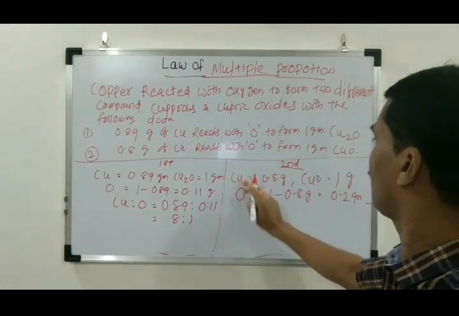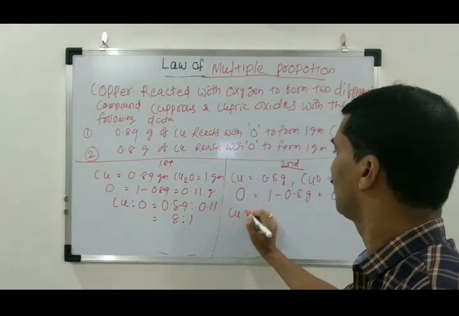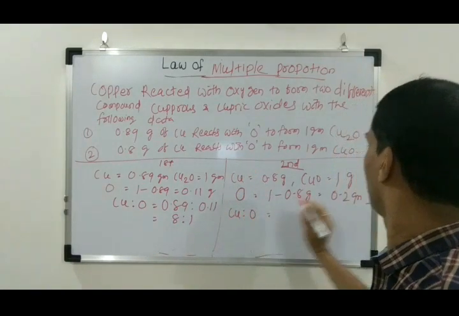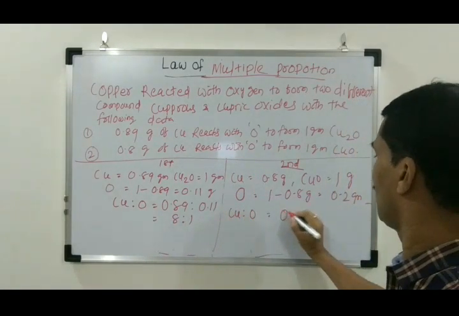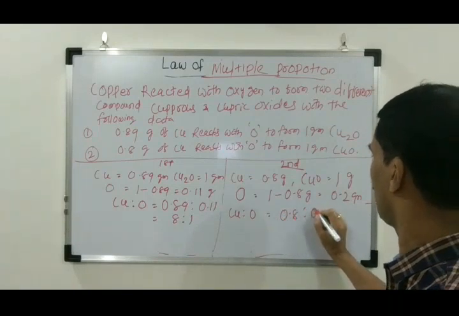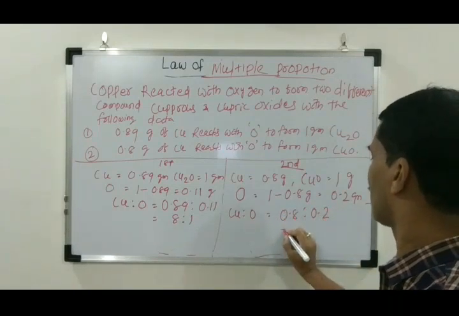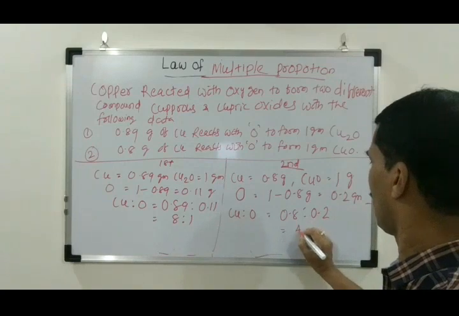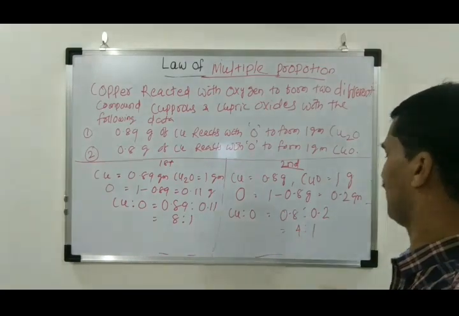If I take the ratio of copper and oxygen here, then I got 0.8 is to 0.2, so copper and oxygen is 4:1.